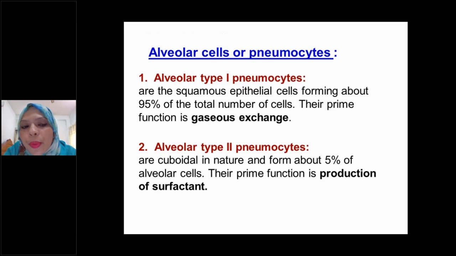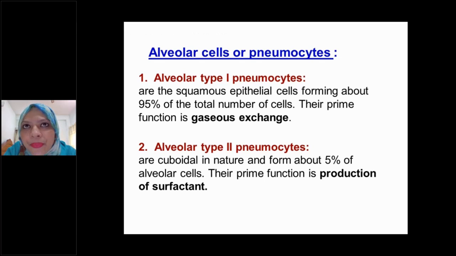Please write down everybody. So besides these two types of cells, other specialized cells are also present in the alveoli. Write down the names of the other cells. First one, alveolar macrophages or dust cell. Then plasma cells, mast cells, lymphocytes, and neuroendocrine cells.